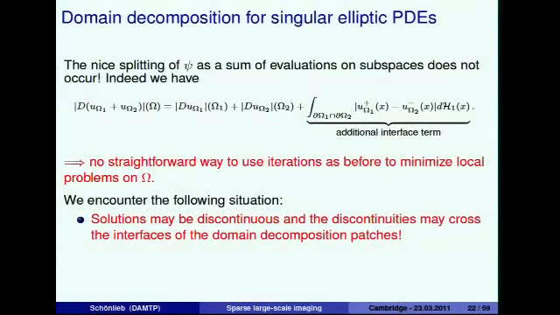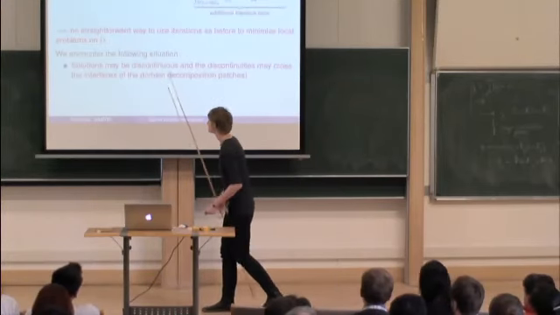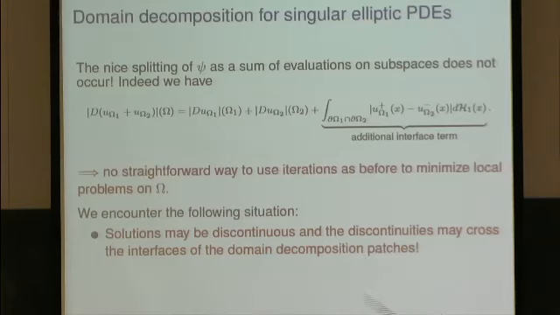As I said, minimizers of the total variation can have jumps, and jumps might cross the interface, and you want to record these jumps, and this is this additional interface term that you get. So there is no straightforward way right now to use the iterations as before for the L1 minimization to solve the local problems, because we can have discontinuities across the interface.